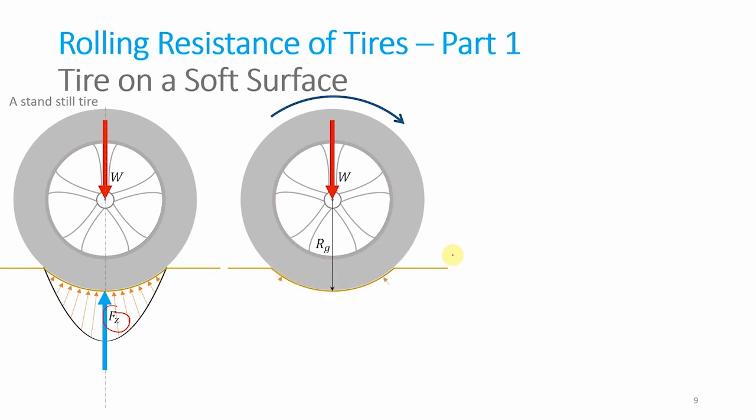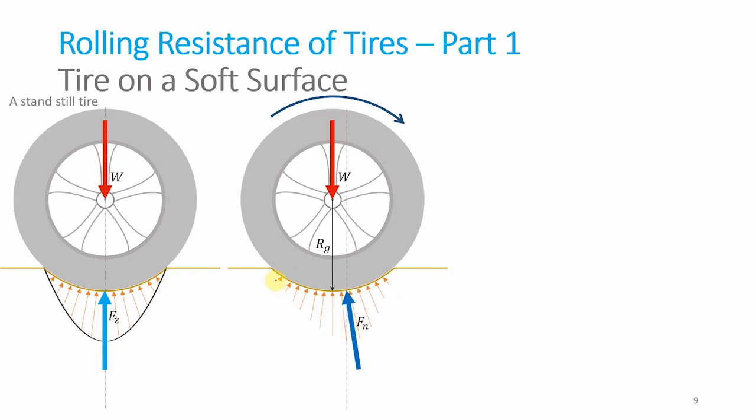As you have seen in the last case of the tire on a hard surface, and you have seen the viscoelastic property of the tire, in the same way some kind of plasticity property is also present in the surface. So we can see that the front part of the surface will exert more force than the rear part. The same pattern continues.